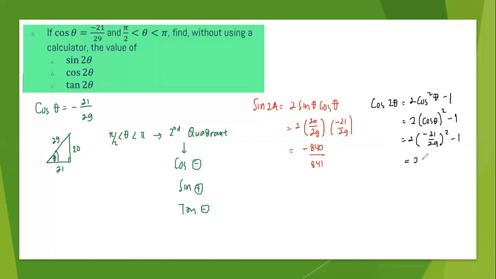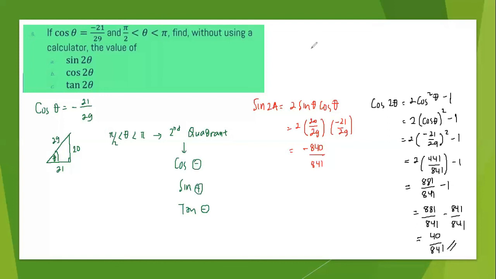So 2 open the bracket 441 over 841, minus 1. So here is 882 over 841 minus 841 over 841. So 41 over 841.